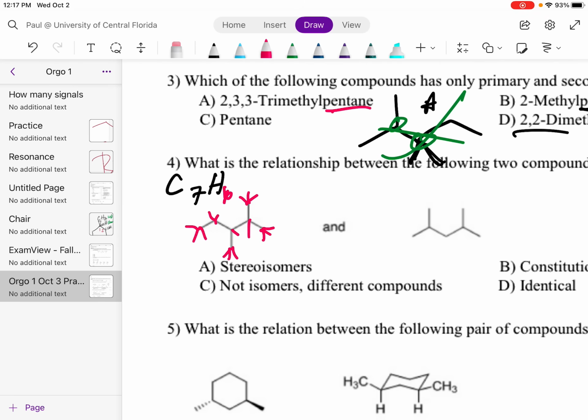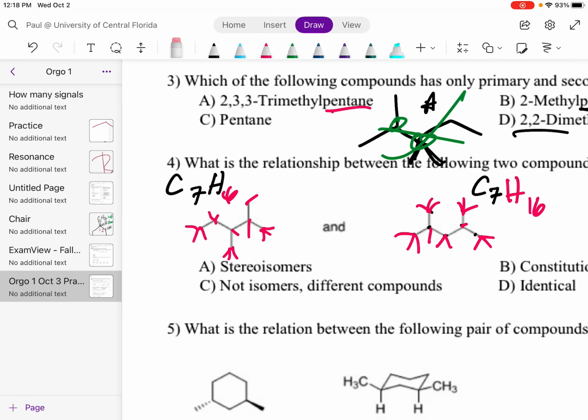So we have 16 hydrogens there. If we go to the other side here, we have 1, 2, 3, 4, 5, 6, 7 carbons. How many hydrogens? 1 through 16. So it has the same molecular formula.